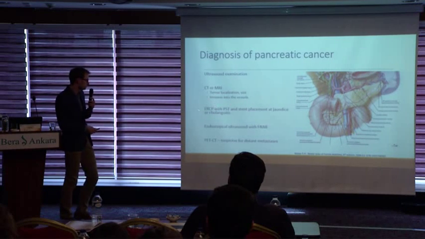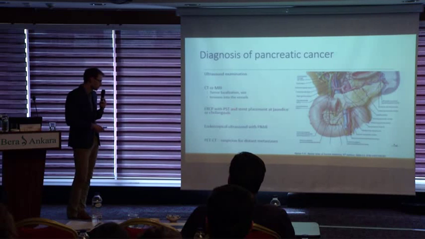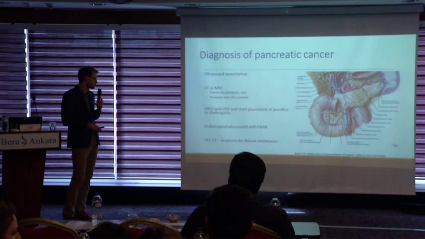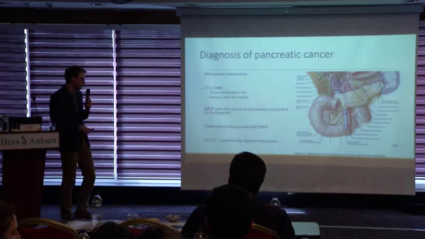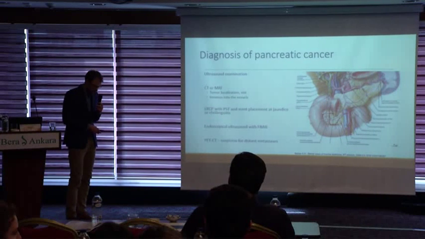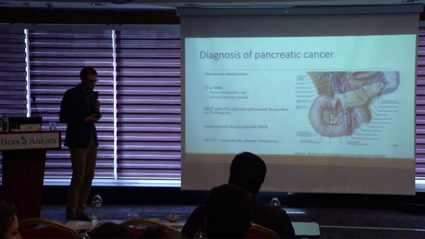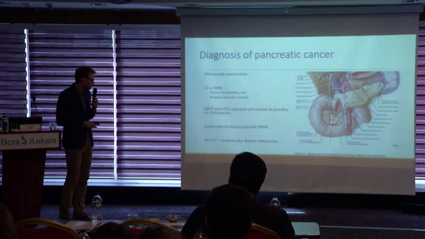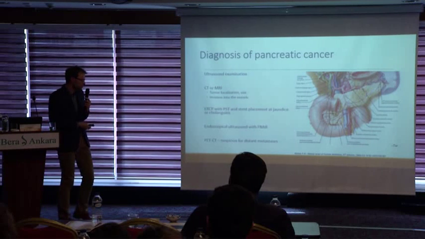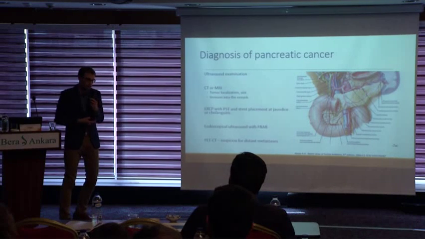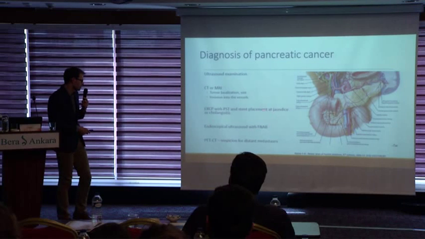Sometimes it's necessary to perform ERCP with papillosphincterotomy and stent placement, typically in patients with cholangitis. It's a question whether it's necessary in a patient with jaundice, because when we are able to provide this patient an early term for the operation, it's not necessary.